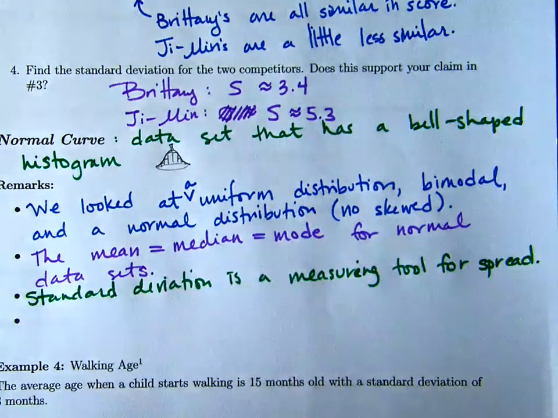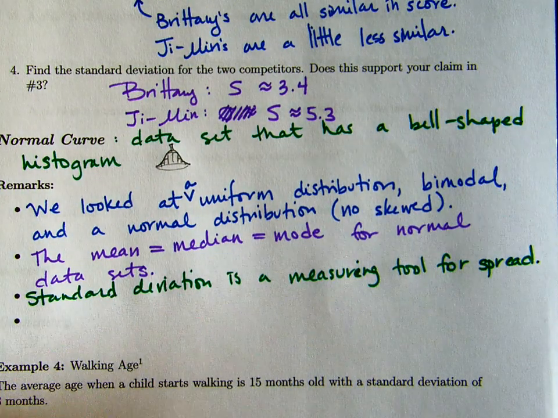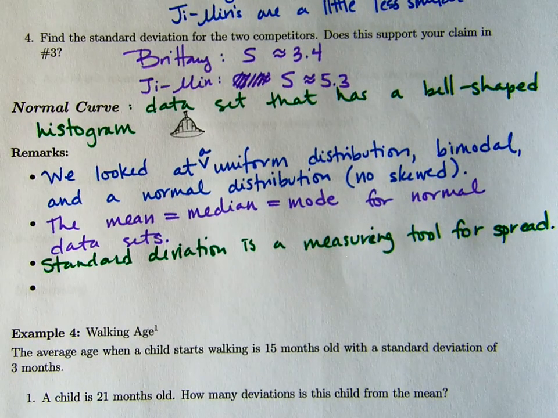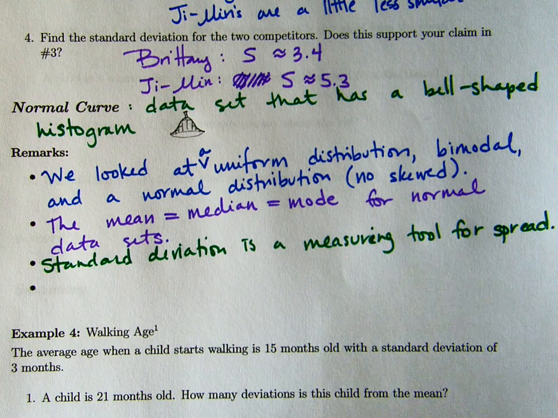The higher that measure, the more spread out it is, and the lower that measure, the less spread out the data is.